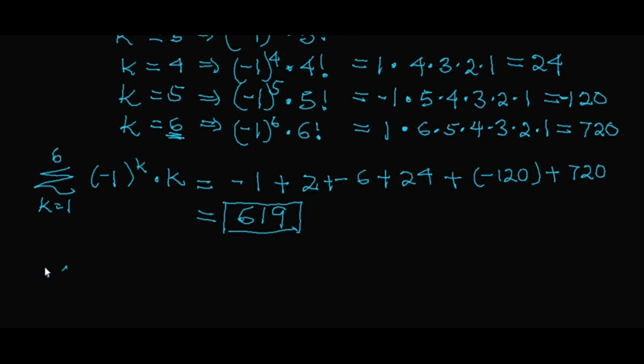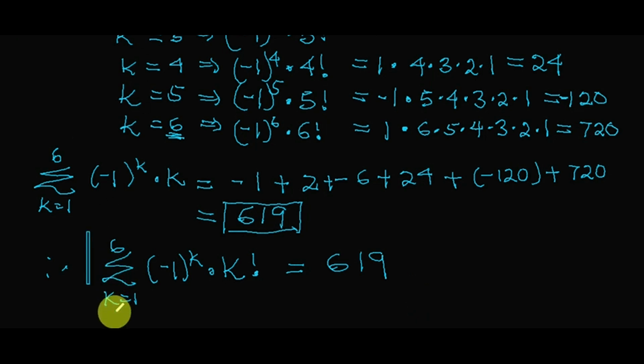Therefore, the value that we obtain when we evaluate minus 1 raised to the power k multiplied by k factorial, and k is running from 1 to 6, the answer will give us 619, and that is the solution to this question.